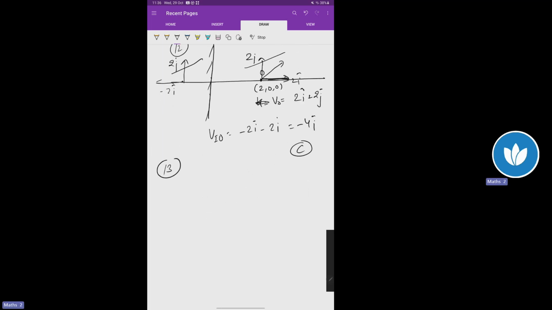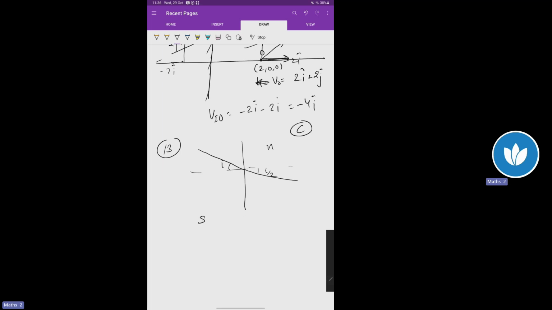Question number 13. A ray of light passes from vacuum into a medium of refractive index n. If the angle of incidence is twice the angle of refraction, then the angle of incidence is. So from vacuum to a medium of refractive index n, the angle of incidence is twice the angle of refraction. So this angle is I by 2 actually.